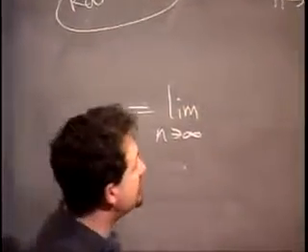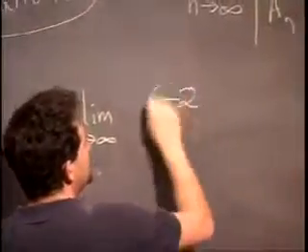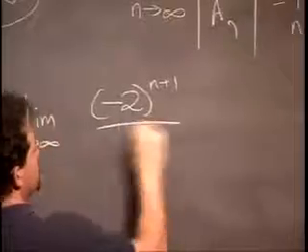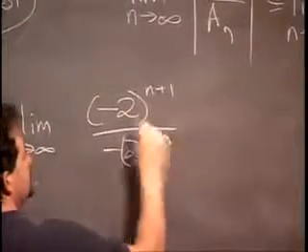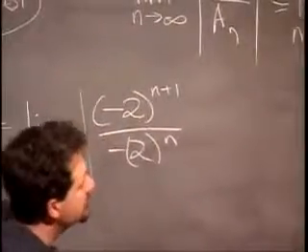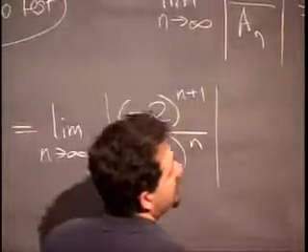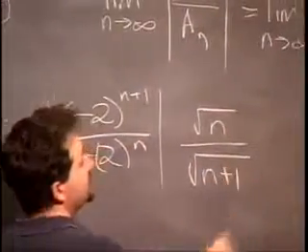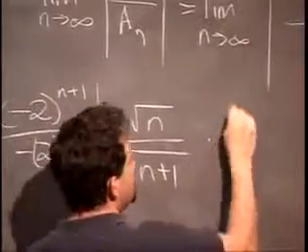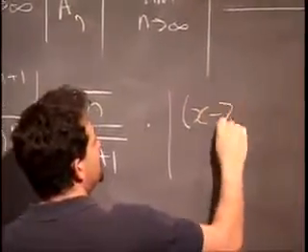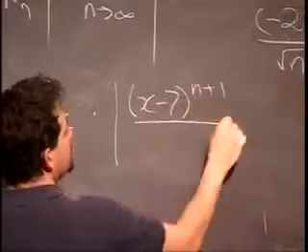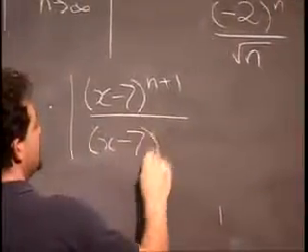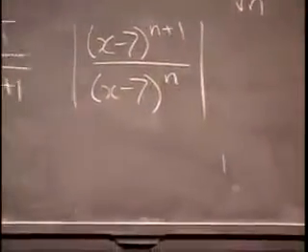Okay, so let's group. You get minus 2 to the n plus 1 over minus 2 to the n. You get root n over root n plus 1, which does not need absolute values. And you get x minus 7 to the n plus 1 over x minus 7 to the n. There's a bit of cancellation we can do.